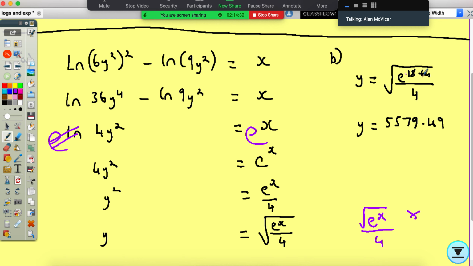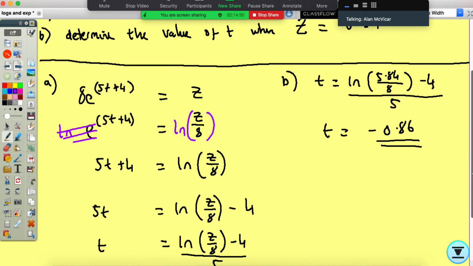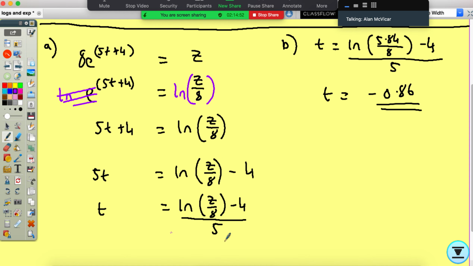When I substituted in my 18.64, I get 5,579.49. And then the last one, I transposed my formula. I got this thing here, and that gave me t to be negative 0.86. Right, so that's all the stuff you need to know.